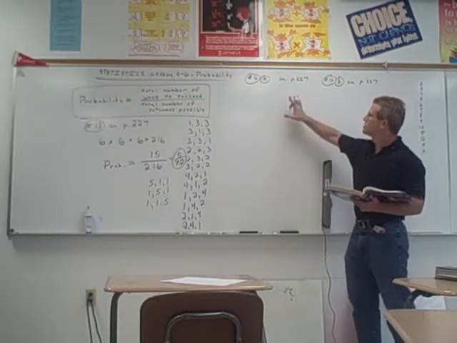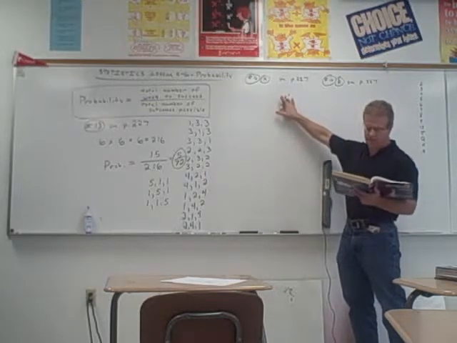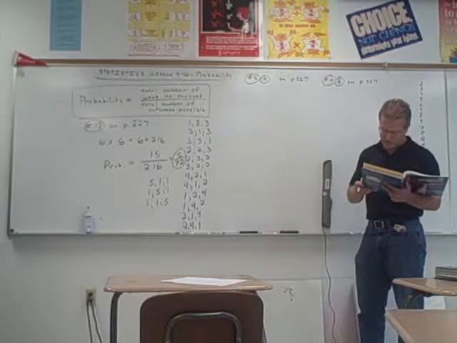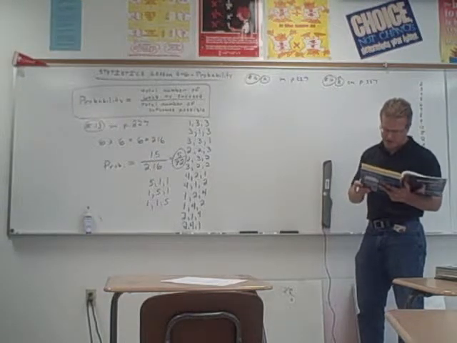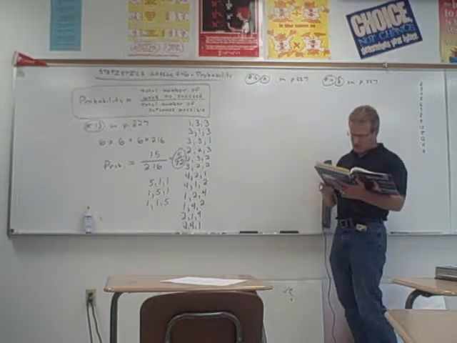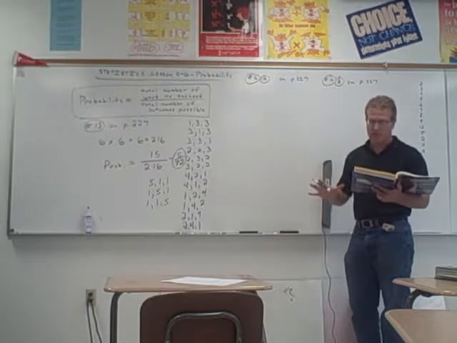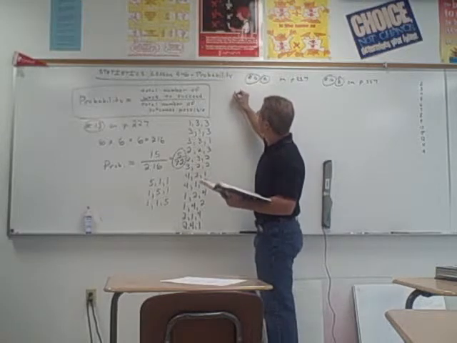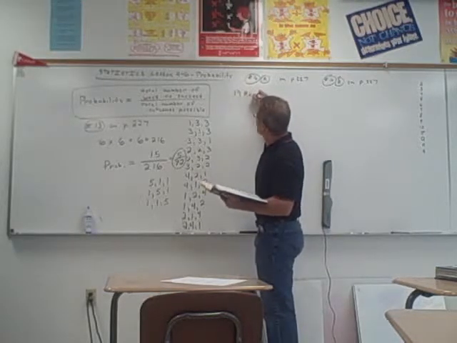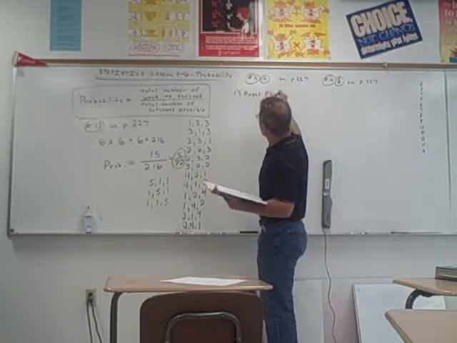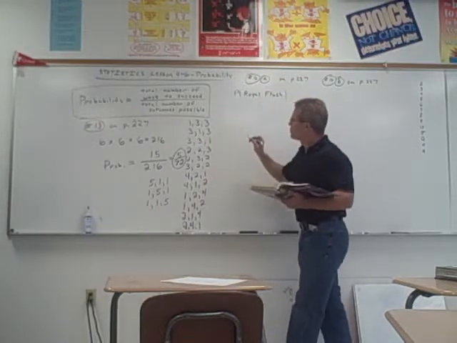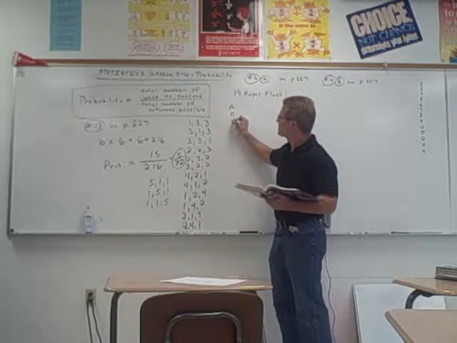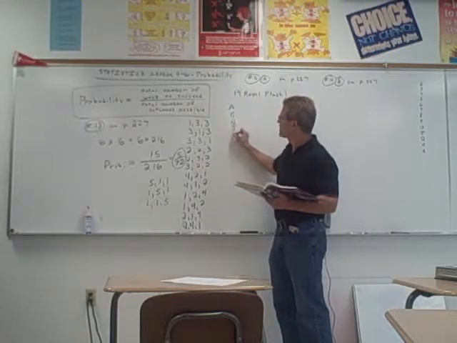All right, moving on to number 16 A on page 227. Using the information in exercise 52 and section 4.5, find the probability of each poker hand. So this poker hand is going to be 5 cards dealt, and we want to find the probability of a royal flush. A royal flush would be getting an ace, a king, a queen, a jack, and a 10.